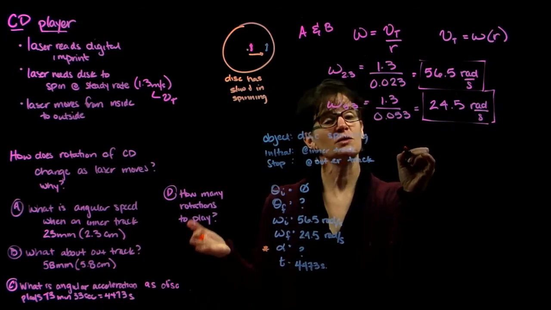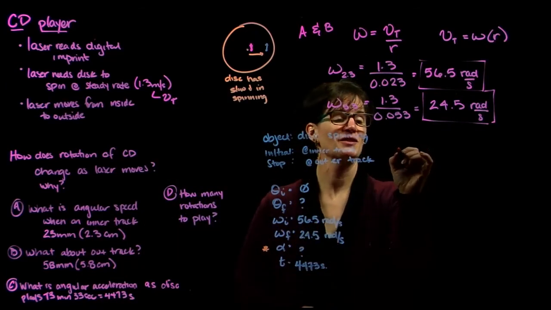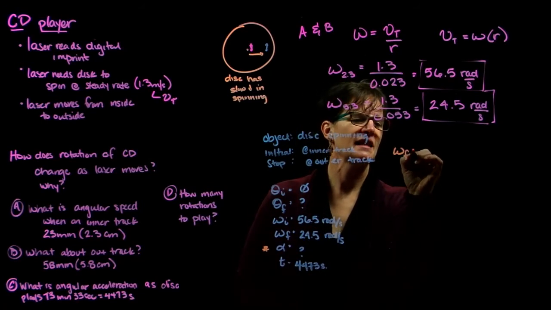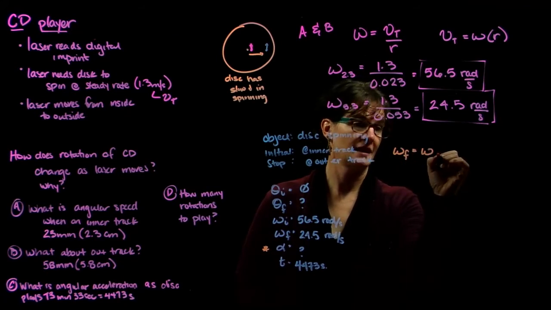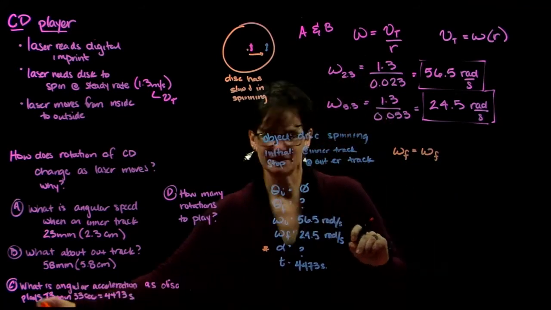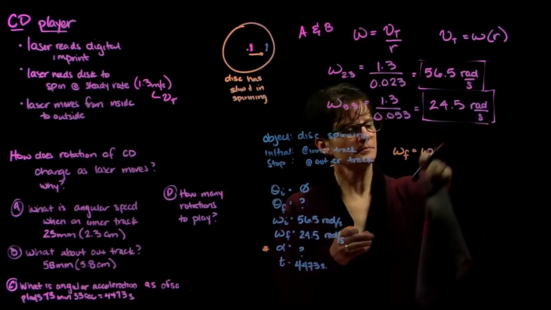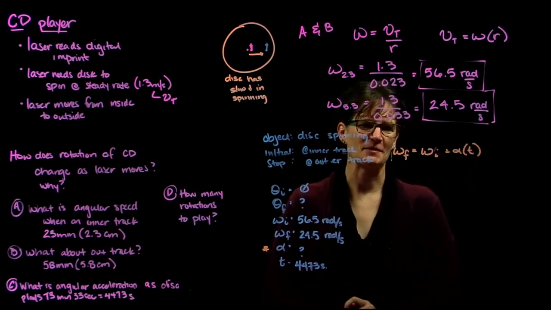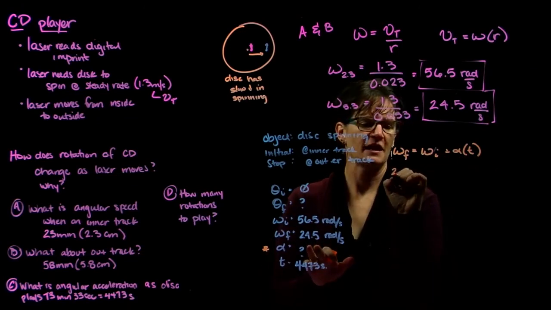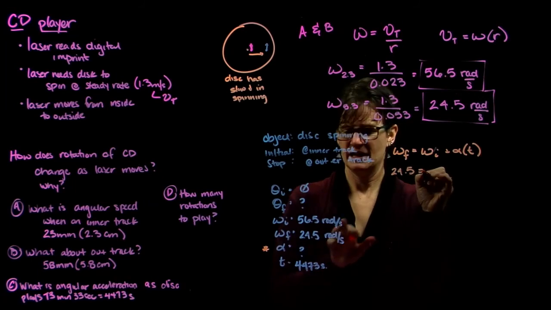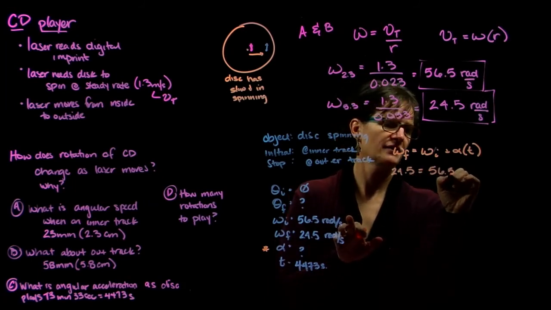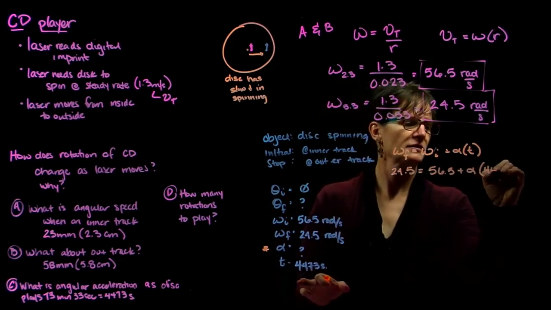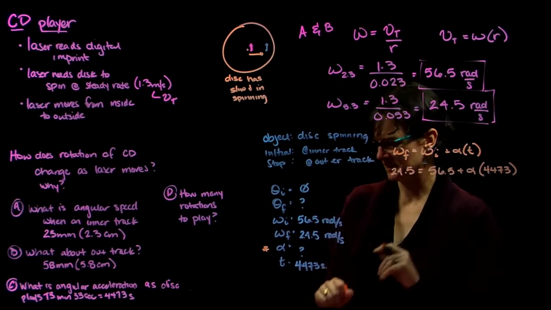Well, we can use our analogous kinematics equations for angular motion, or rotational motion, same thing, and we see that omega final, angular velocity, equals the initial angular velocity plus the angular acceleration times time. My final angular velocity is 24.5, initial 56.5 plus alpha times 4,473 seconds.